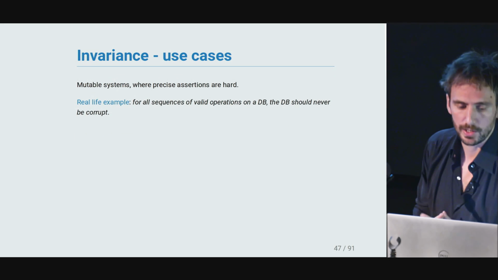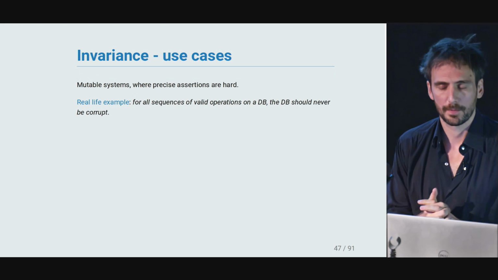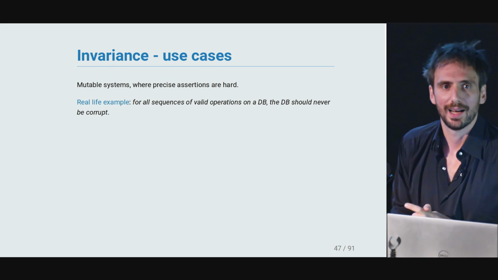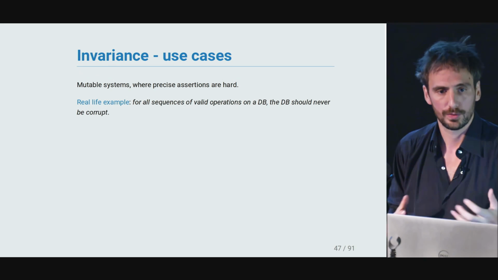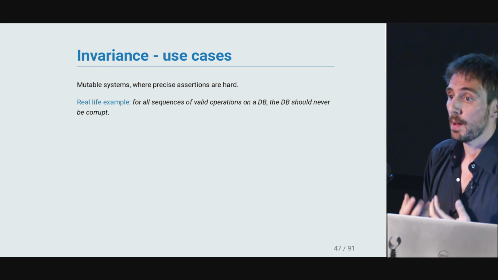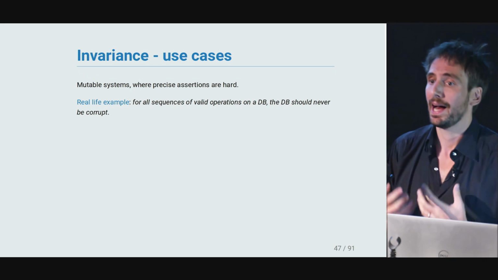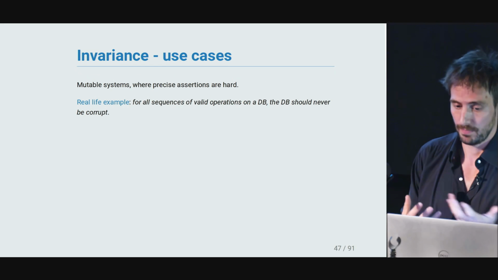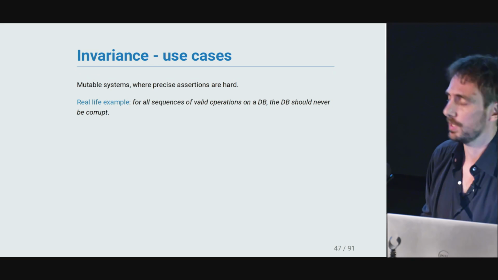And this can be useful to test mutable systems, for example, where you can't really rely on the state being what you'd expect. But you can always count on the invariants being respected because otherwise, well, you have a bug, because invariants cannot vary by definition.